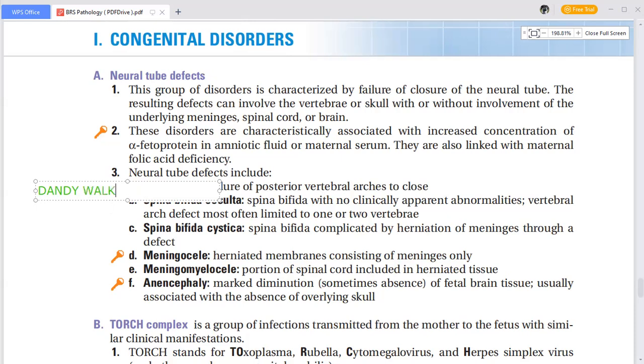Dandy-Walker malformation. You have the second one, Chiari malformation. These things you just have to master like this.